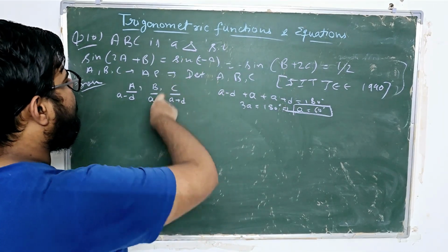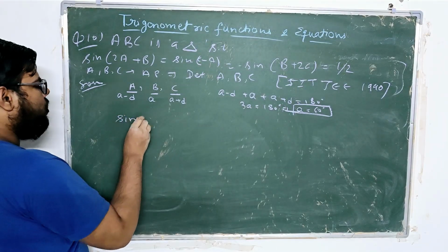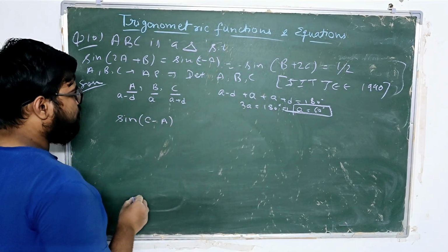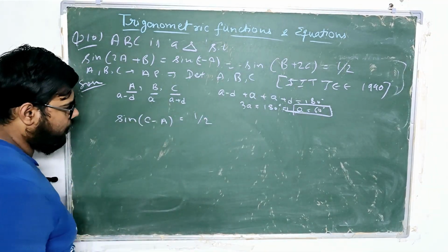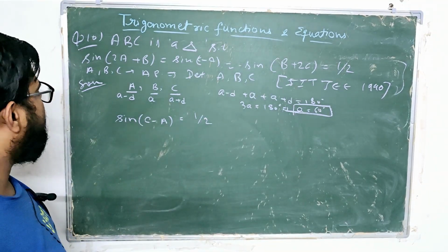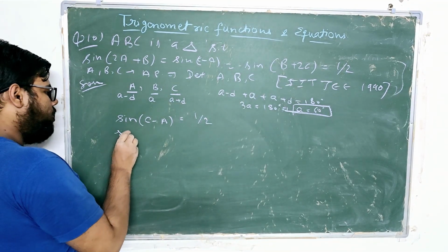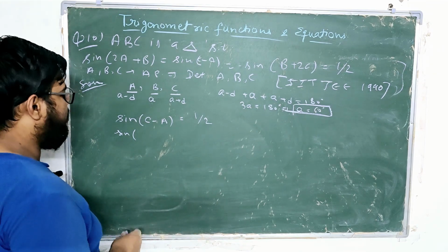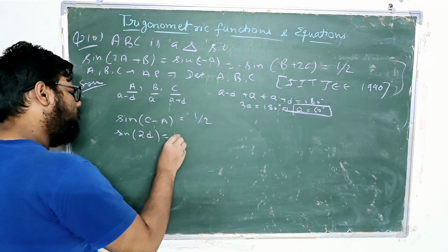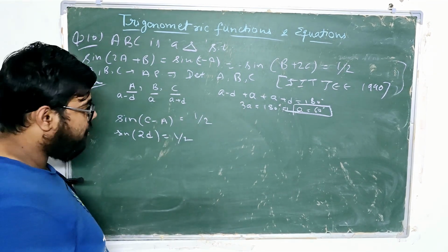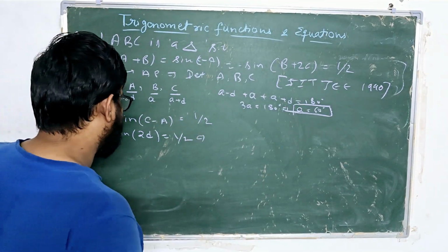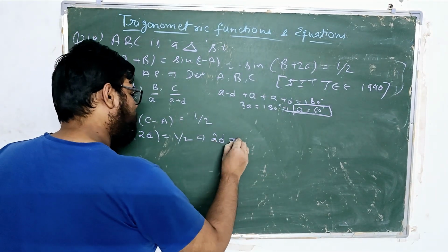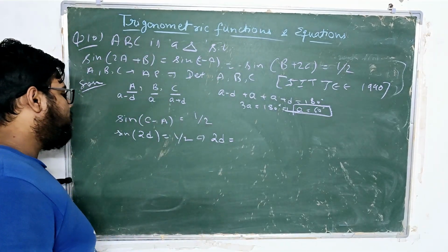Now from here, sine of C minus A is equal to 1 by 2, right? Okay. We have this expression. Now C is A plus D and that is A minus D. So we will get sine 2D is 1 by 2, right? Okay. So from here you get 2D is equal to what?